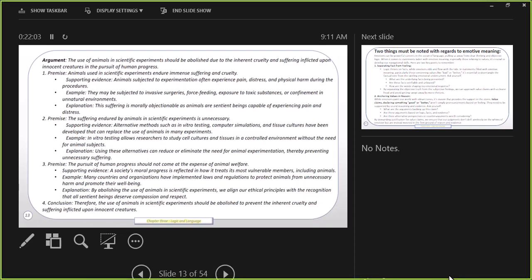The same thing is true for the second premise, right? Supporting, augmenting with evidence and reason. Premise 3, the pursuit of human progress should not come at the expense of animal welfare, right? Therefore, the use of animals in scientific experiments should be abolished to prevent inherent cruelty and suffering inflicted upon innocent creatures, right?